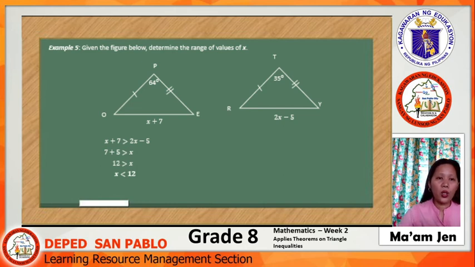Another, we know that the side of a triangle must be greater than 0. So we can have this inequality: 2x minus 5, which is one side of this triangle, must be greater than 0. By the transposition method, negative 5 becomes 5.